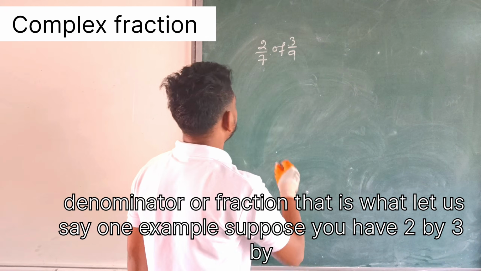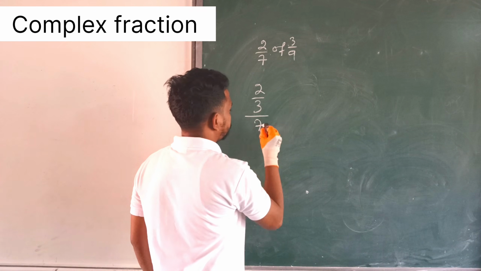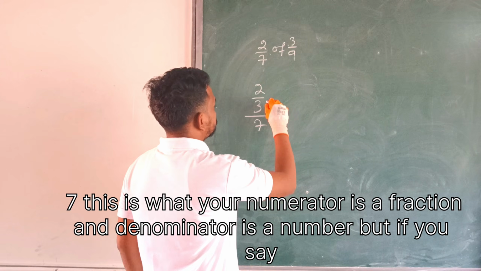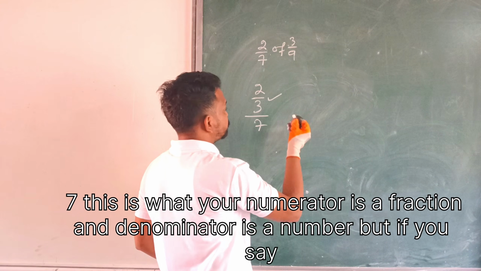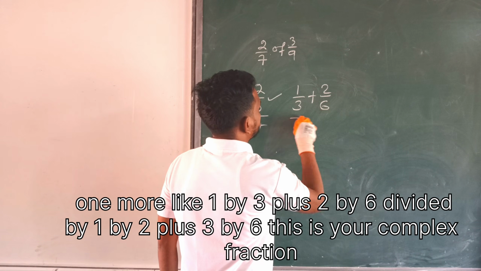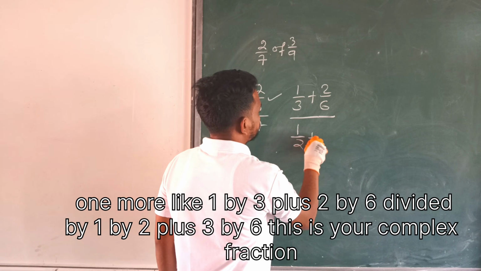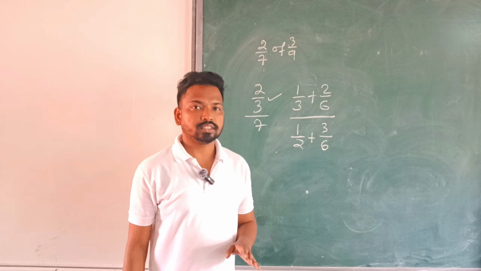Let's see one example. Suppose you have 2 by 3 by 7. Here the numerator is a fraction and the denominator is a number. But if you take one more, like 1 by 3 plus 2 by 6 divided by 1 by 2 plus 3 by 6, this is your complex fraction example.